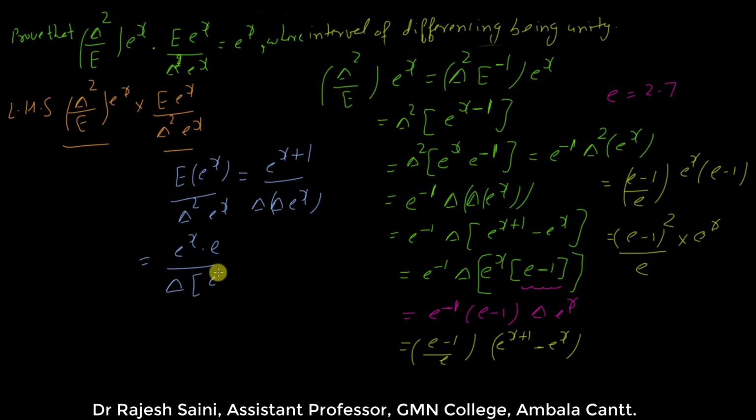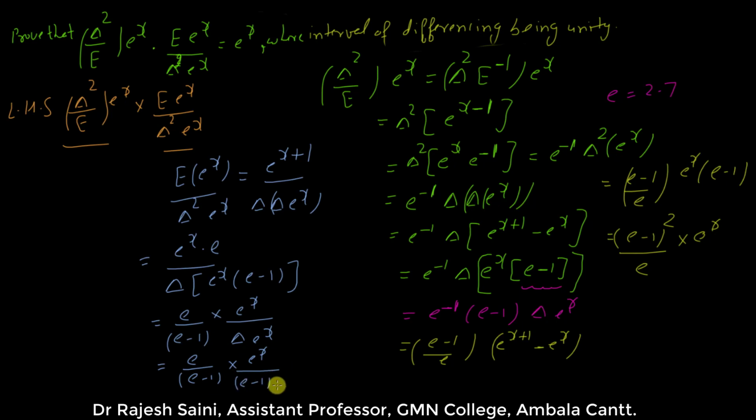So this (e minus 1) will come out, into e raised to the power x divided by delta e raised to the power x. Once again it will be (e minus 1) e raised to the power x divided by (e minus 1) e raised to the power x.